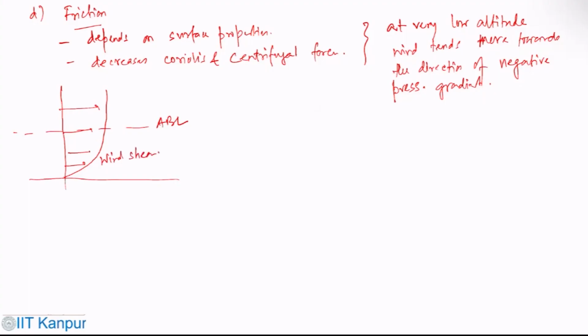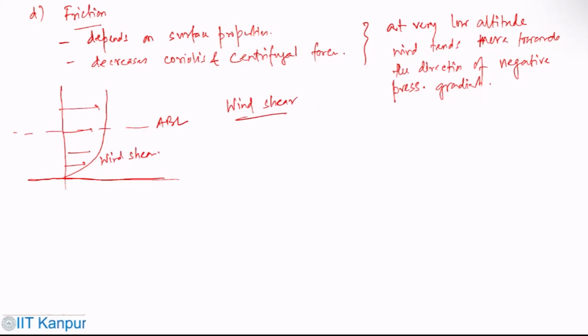So at Earth's surface, the wind speed is 0. Wind shear is often described by a logarithmic profile.